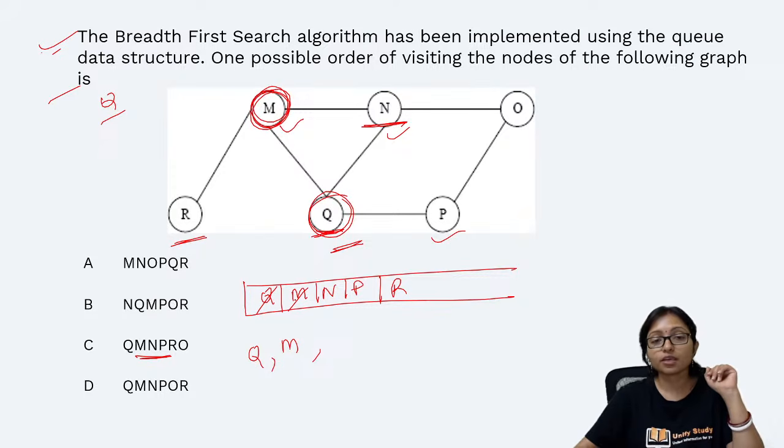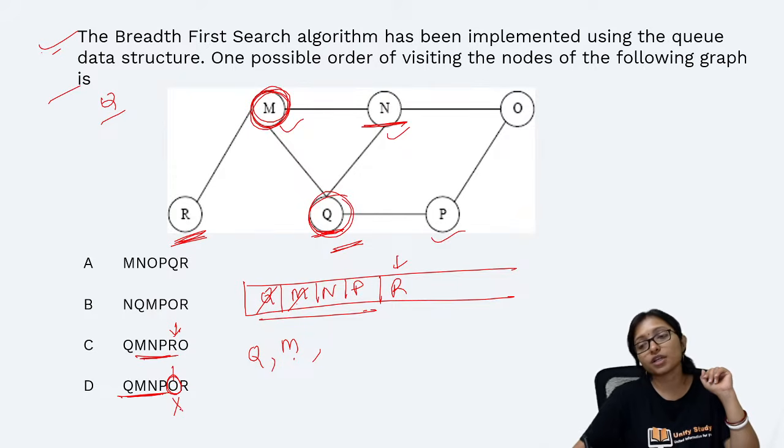So now you can see whenever I am taking out M, the adjacent node of M is R, and you have to insert R. Now you can see R is matching here. So till now Q, M, P was correct, but after that suddenly O came. That's why option D is wrong.